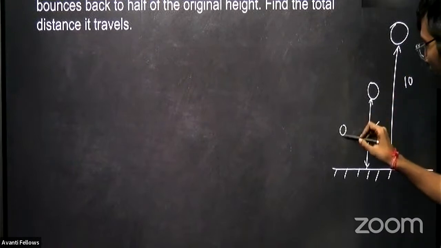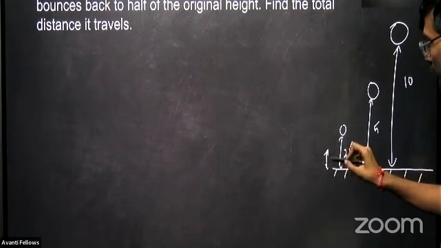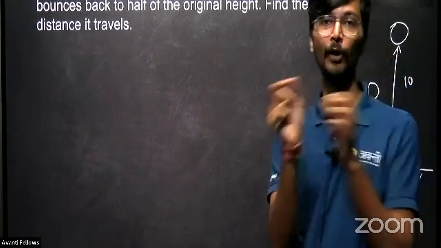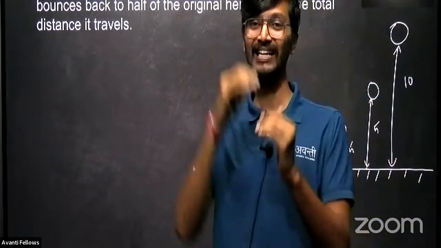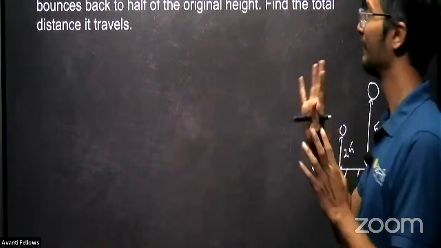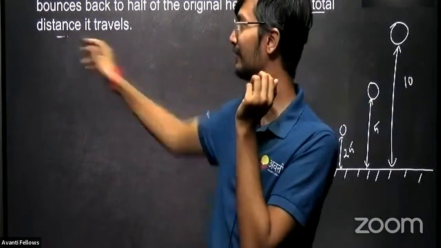Then again it bounces to 2.5 meters and so on. So at some point the ball will stop bouncing, and when it stops, the distance covered by bouncing will be 0. It is asking to find the total distance it travels.